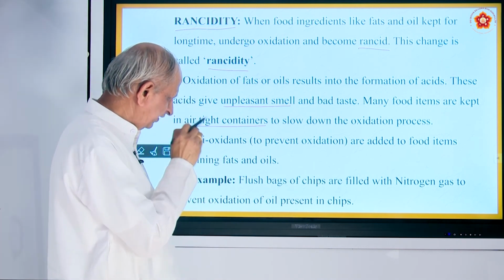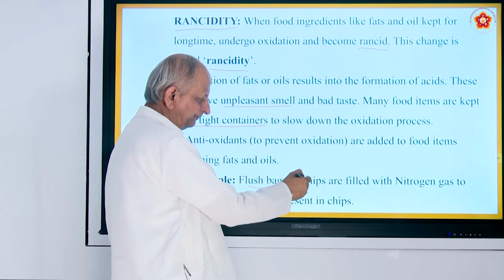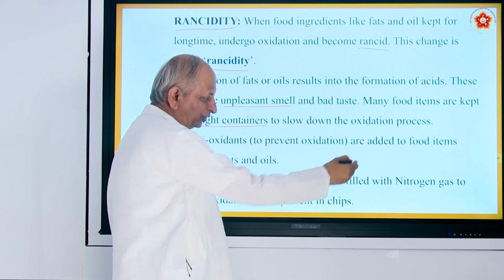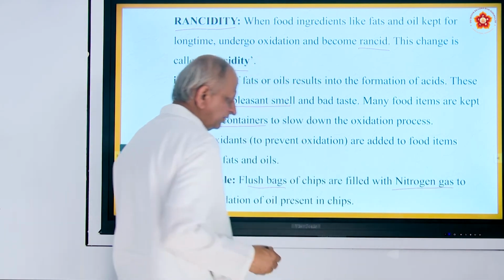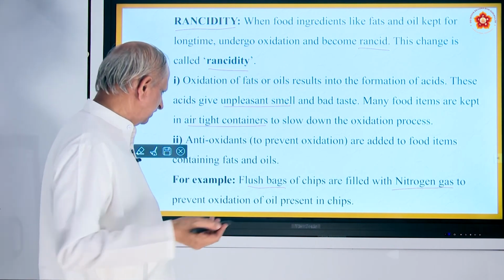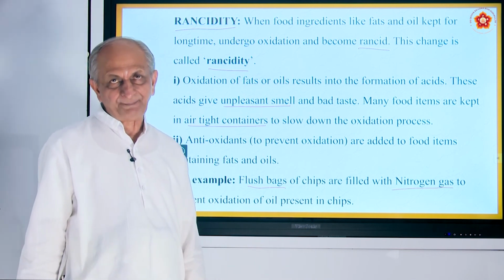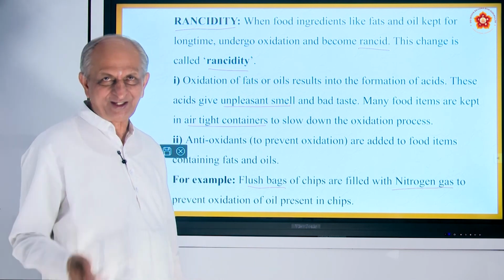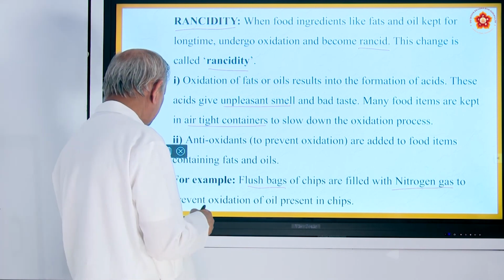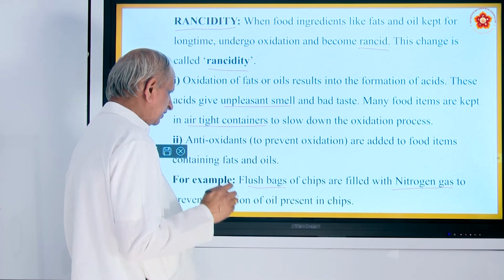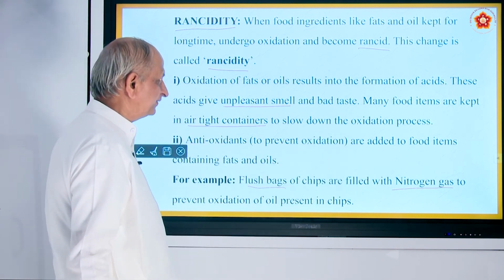So what they do is, the small bags of chips are filled with nitrogen gas. What is that gas? Nitrogen, for retaining for a long time, to prevent oxidation of oil present in chips. Chips means what you eat. Like Lay's, Kurkure and all, they are all kinds of food items. For retaining them, they add nitrogen gas.